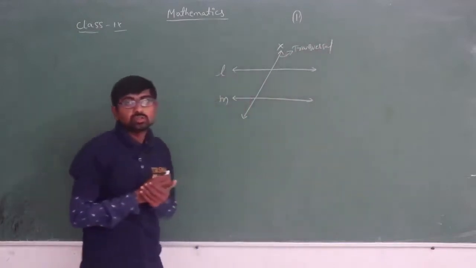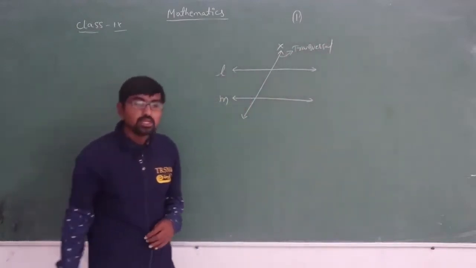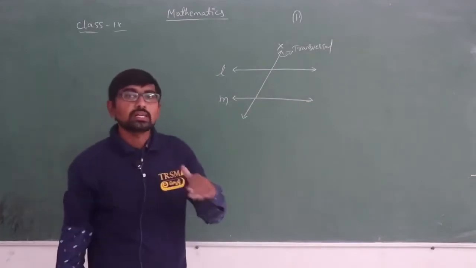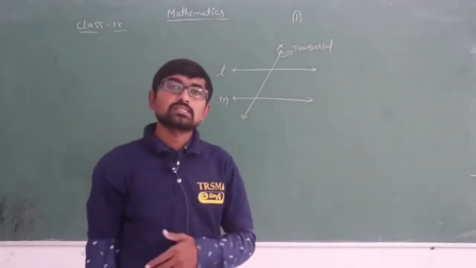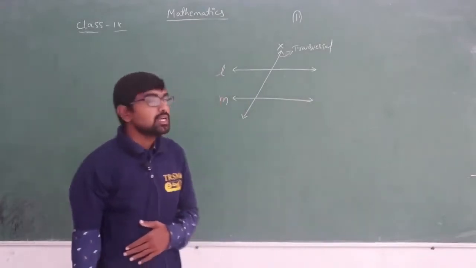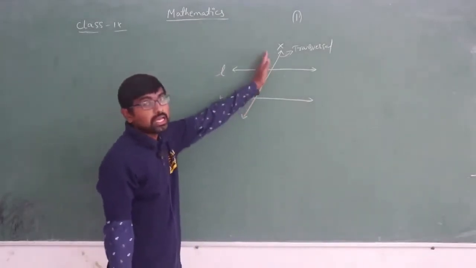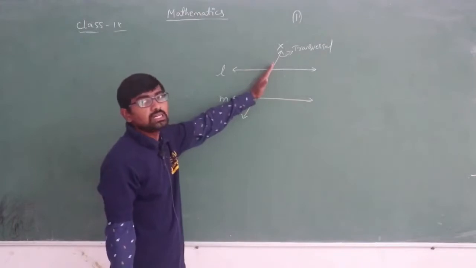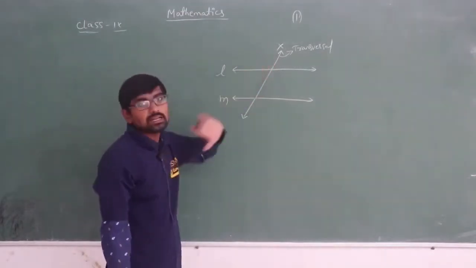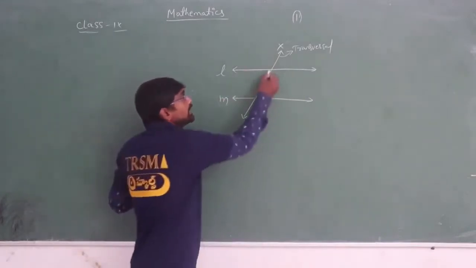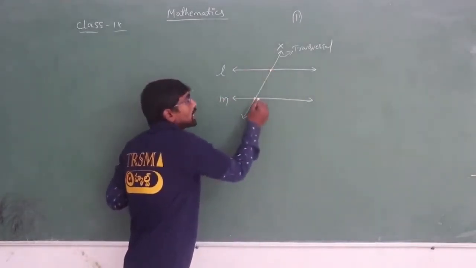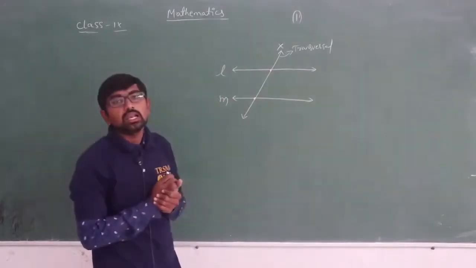Do you know or not? You have already discussed it in 8th class, isn't it? So we are just going to recapture what you did in your previous classes. A line which cuts two parallel lines at unique points is called a transversal line.